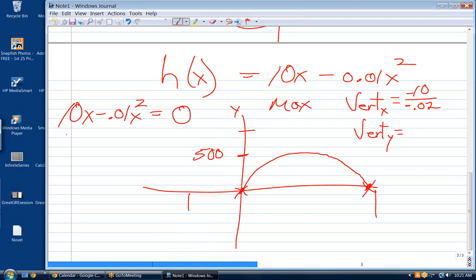So if we can solve this equation right there, we'll find the second x value that makes it 0. Well, how do I solve this? Maybe factor out an x. Quadratic, but it's an easy quadratic to solve because there's no constant. So we can factor out an x.